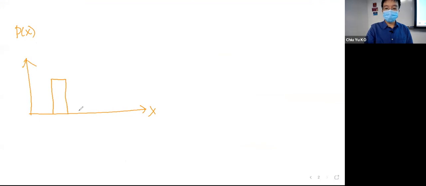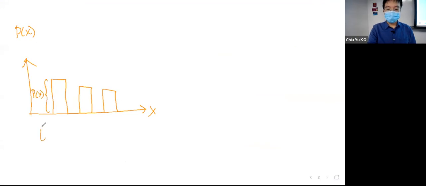If you recall how we do expectation in the discrete sense, you have x and you have p of x, and you have a value here, a value here, a value here. The height is p of x.